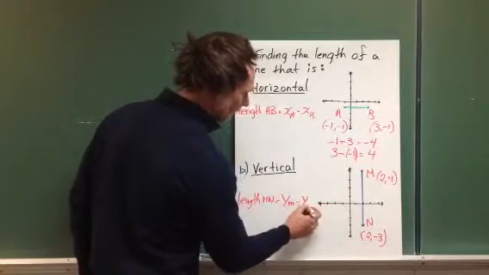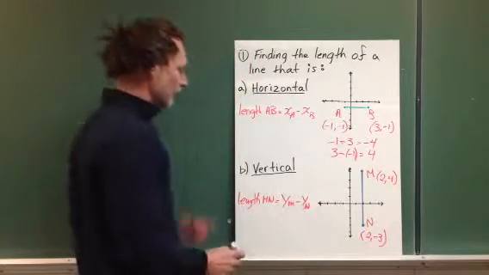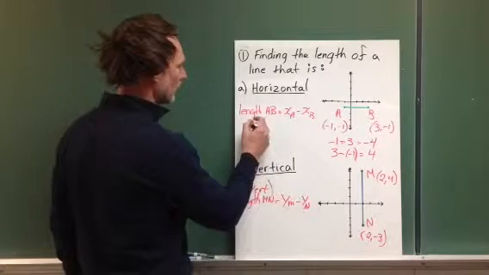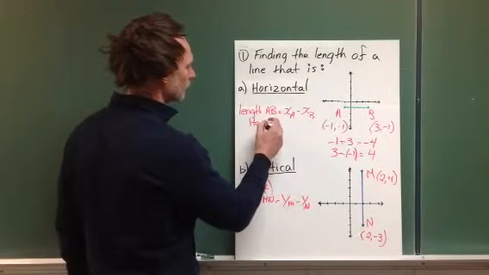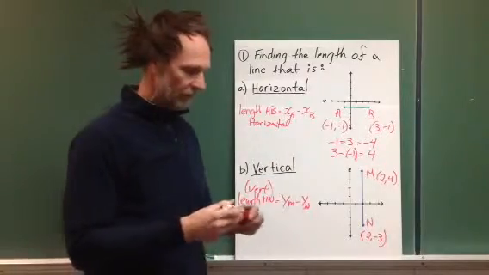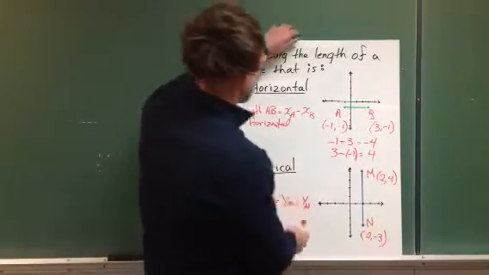That should be consistent. Capital N. Okay. So this is if it is vertical, and this one is if it is horizontal. Hope that's simple enough. Now let's check out the diagonal one.